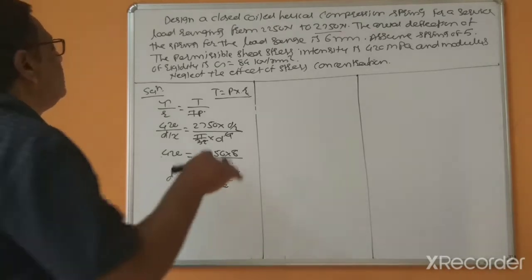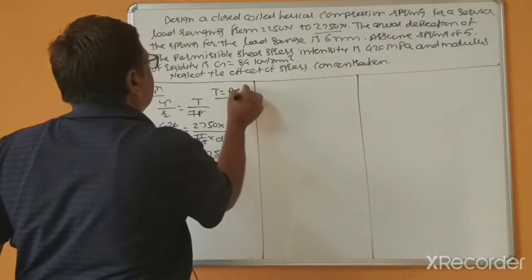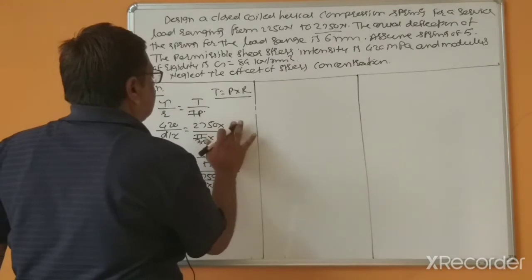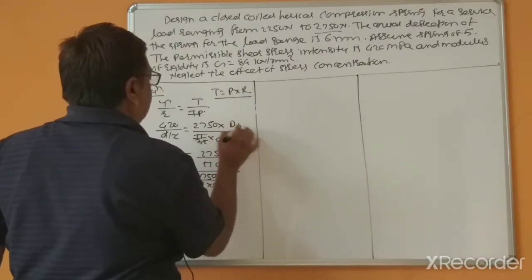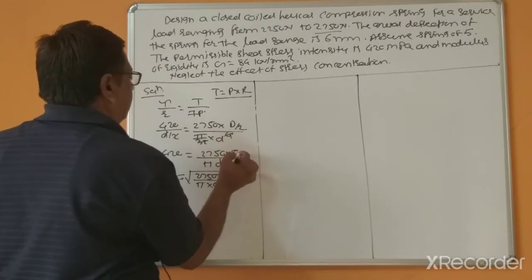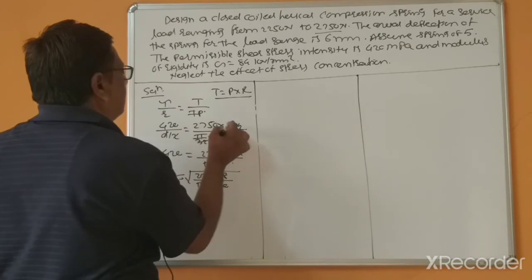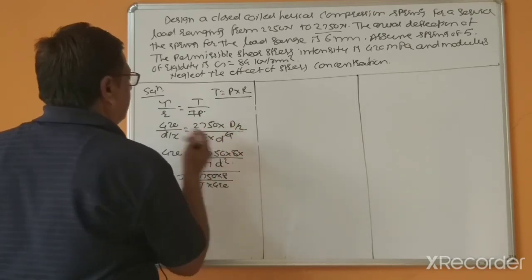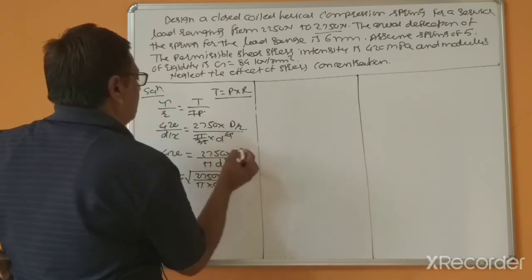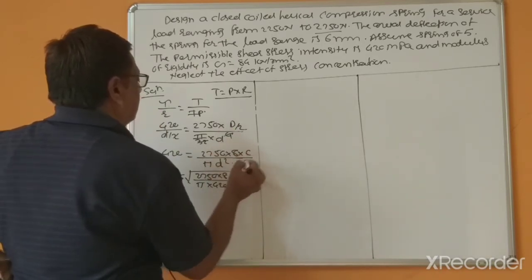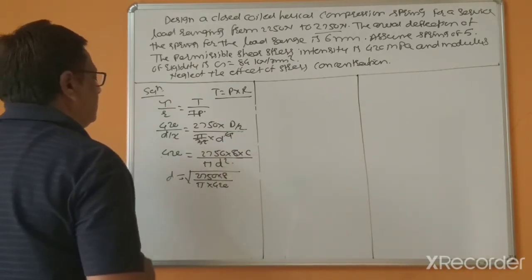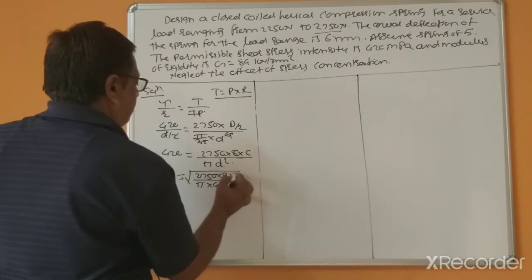Sorry, this is capital R because deflections are, so this is D by 2. So here D by 2 equal to C, you can consider this as C multiplied by 5.